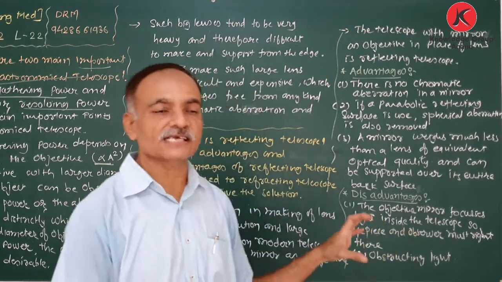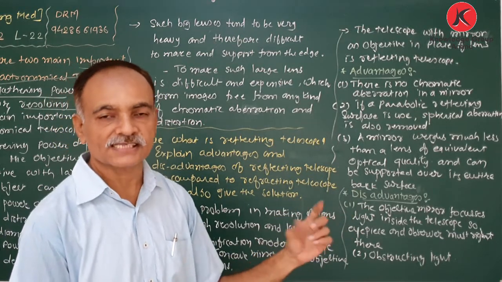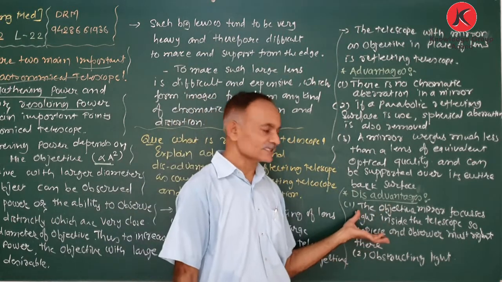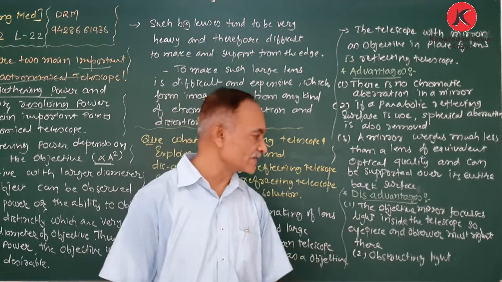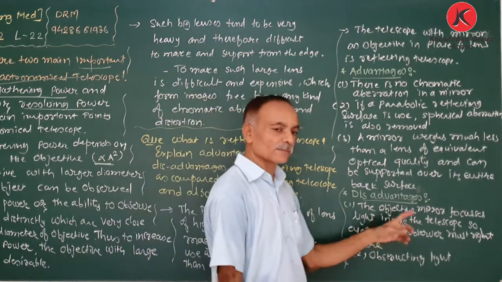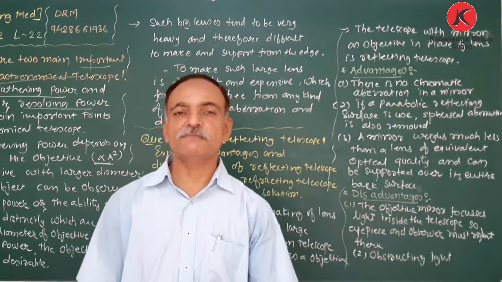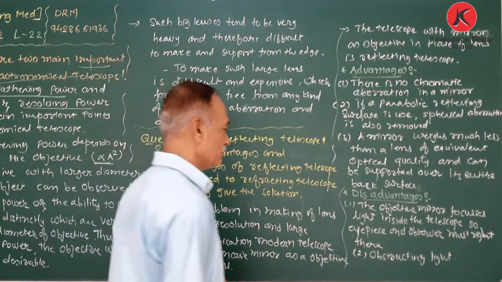Parallel rays coming from a far object are reflected by the mirror and focus at the principal focus of the mirror. At that time we discussed it in detail. The objective mirror focuses the light inside the tube, so the eyepiece and observer must be at that place.